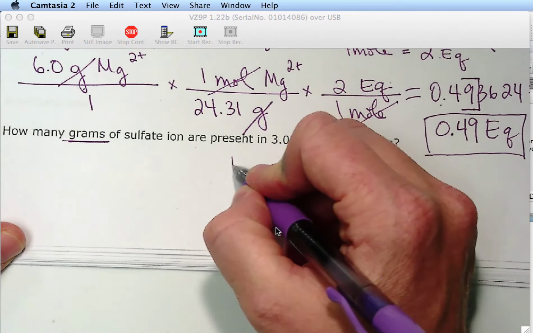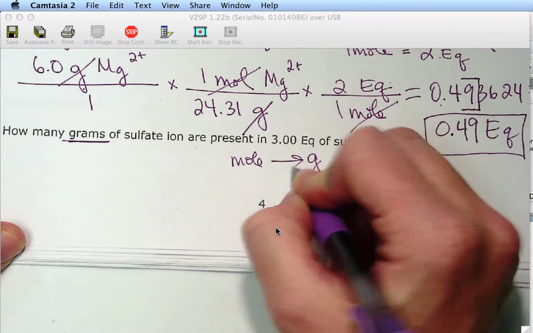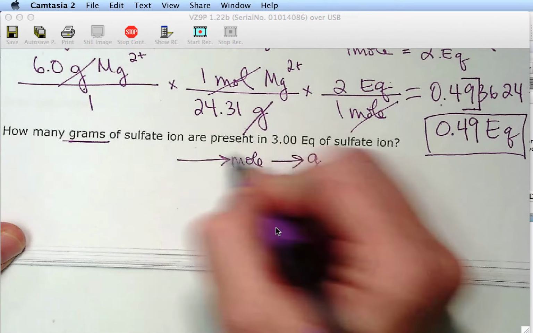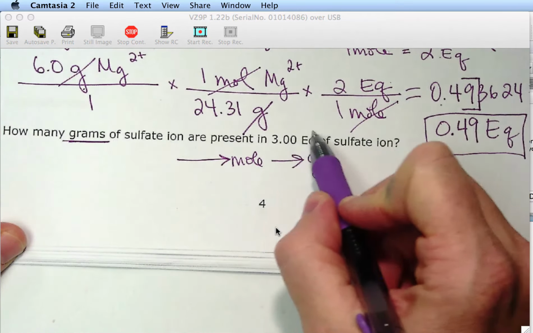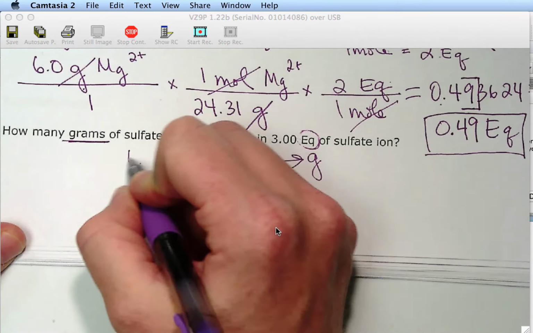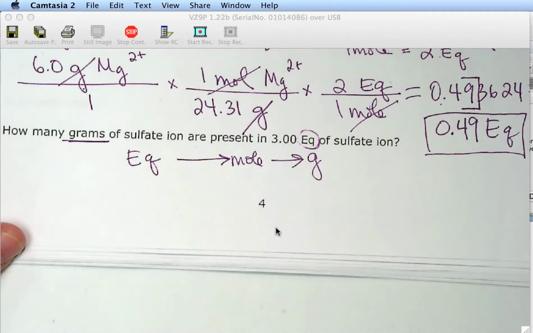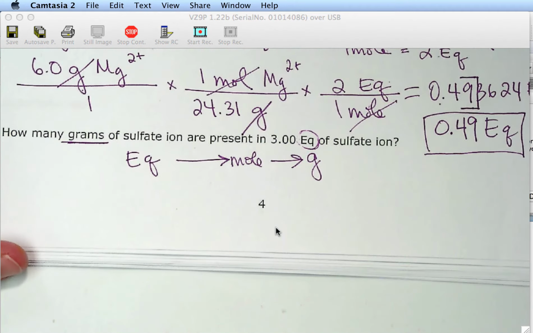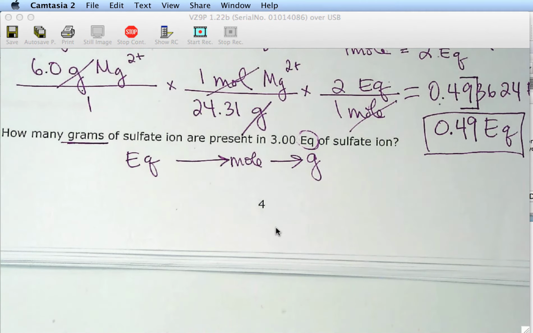So yes, you can go grams to moles. And then from moles, you can work backwards to get your starting quantity, which is equivalents. Okay, so now I want you to try to set this up.